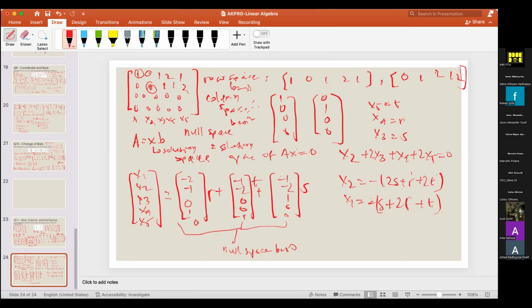The next part would be to find the nullity and the rank. And how do we do that? First of all, I'll introduce to you a new relationship, which is nullity of A plus rank of A equals n, where n is the number of columns in the matrix.